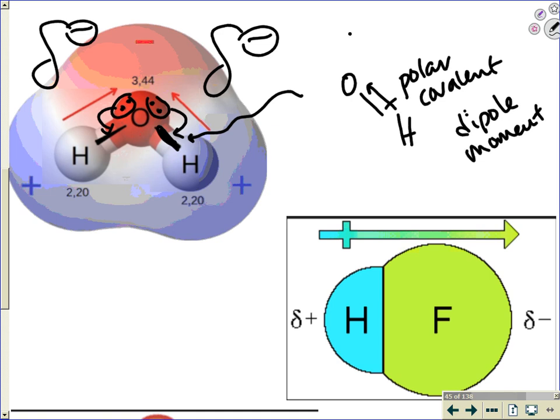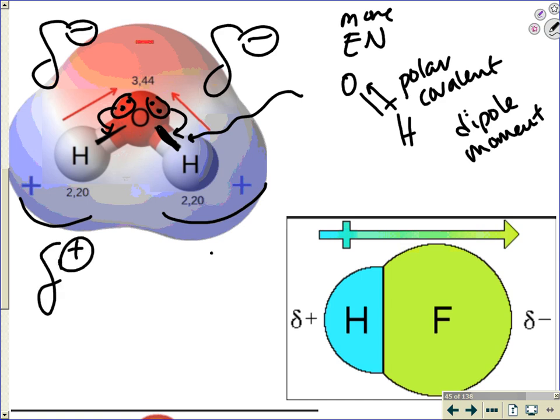Because oxygen is more electronegative, it's pulling electrons towards itself. But they're still there, they're just not shared equally. There's 2 electrons, they're just kind of towards the oxygen. So since that's happening here and here, that leaves us with a lower electron density on the hydrogens, which leaves us with an overall partial positive charge.